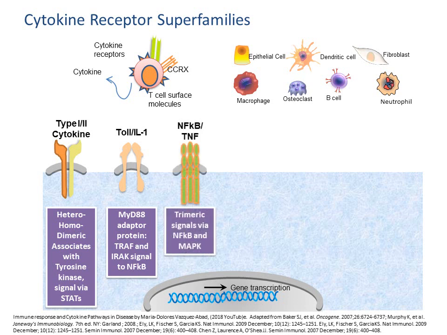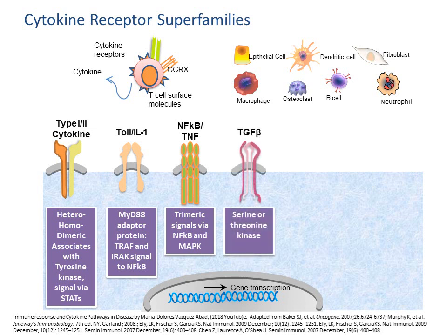The third family is the NF-kappa B and TNF family. This is the one that tumor necrosis factor uses, and BLyS for B-cell activation also uses this kind of receptor. Basically, this is a trimeric receptor, so there are 3 chains, and they signal via NF-kappa B and MAP kinase.